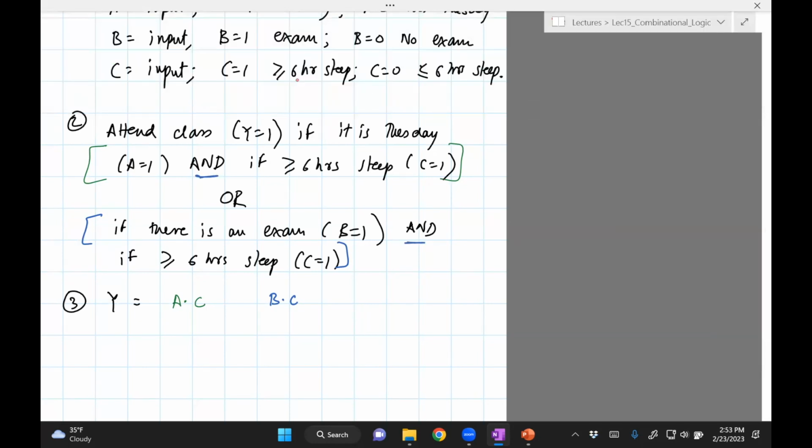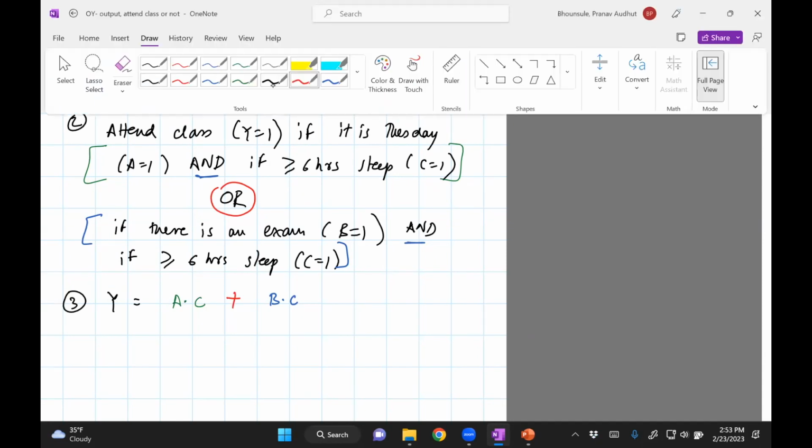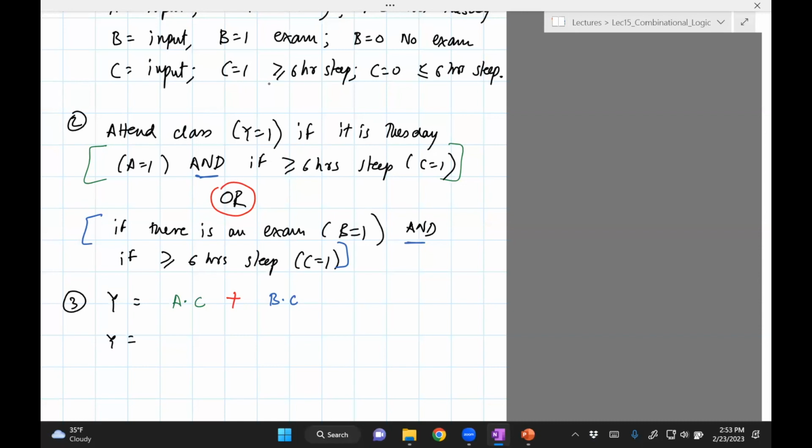And then we see that there is an or here, which should be plus. Okay, so we have y equals A plus B dot with C.